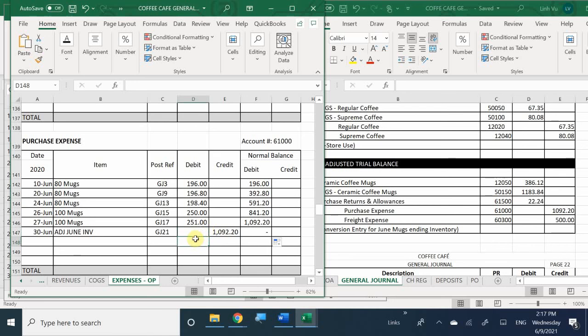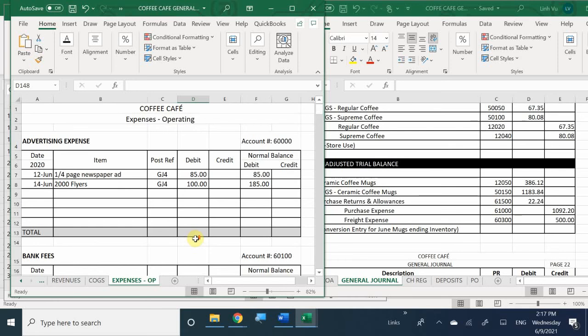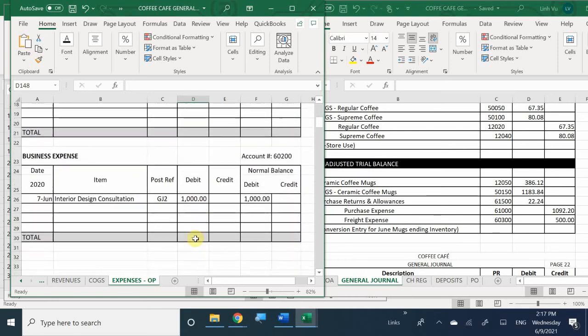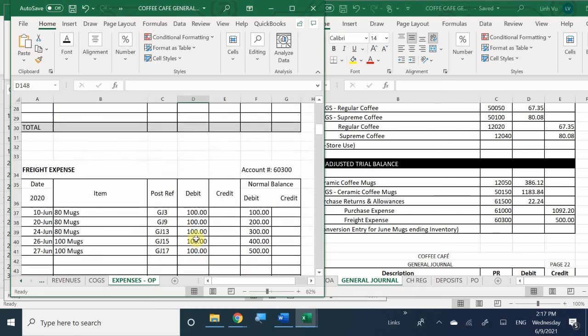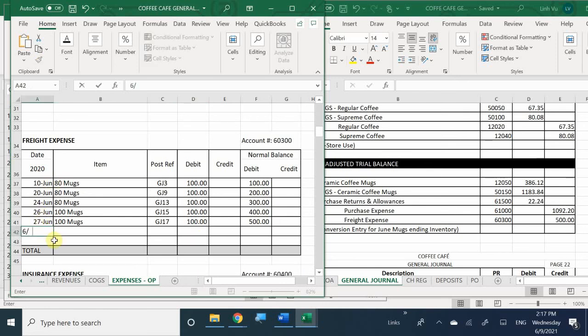And then we also have to do that where? Freight expense. There we are, freight expense. Just in June, adjusting June inventory.